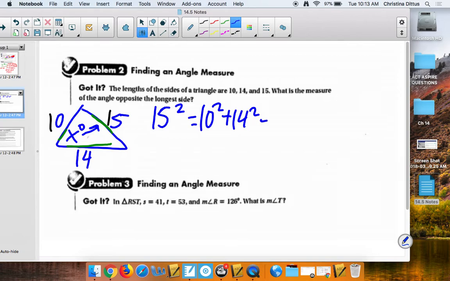Then I have minus 2 times my sides, again 10 and 14, and then cosine of my angle. Questions on the setup?